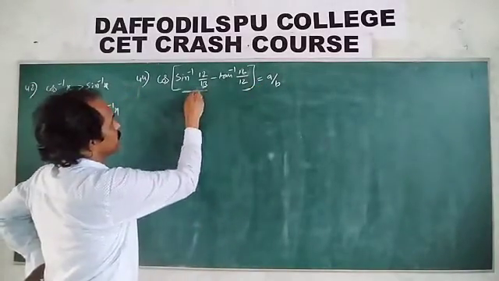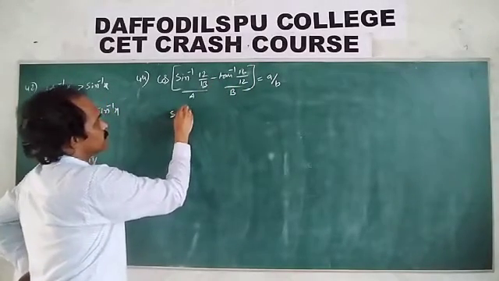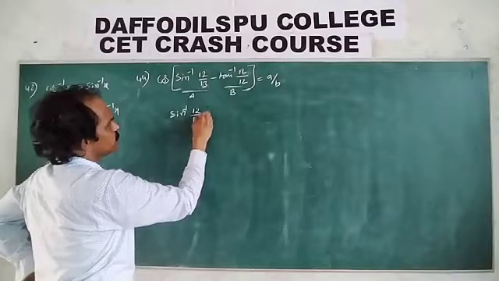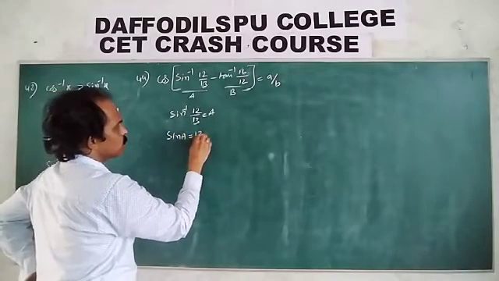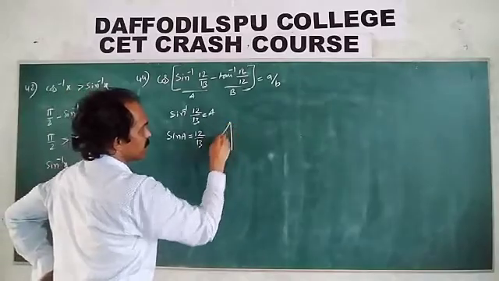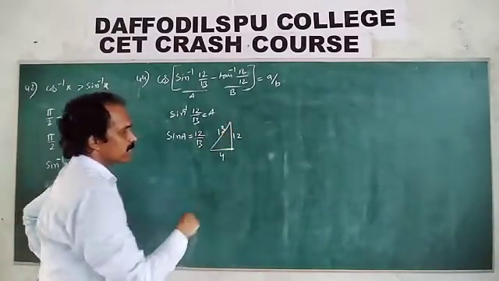Let this be a and this be b. Sin inverse 12 by 13 is equal to a, so sin a is equal to 12 by 13. Take a triangle, 12, 13, by the Pythagorean triplet.